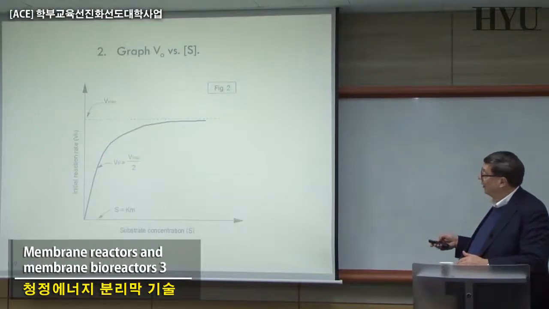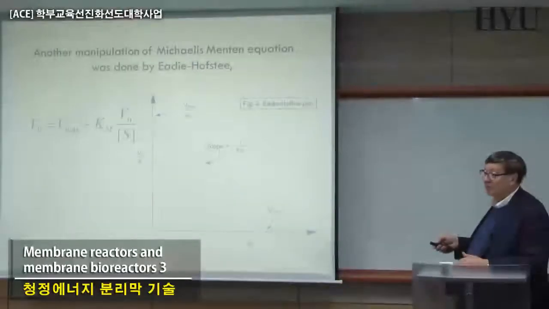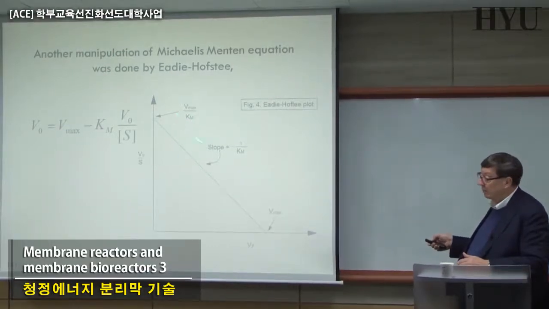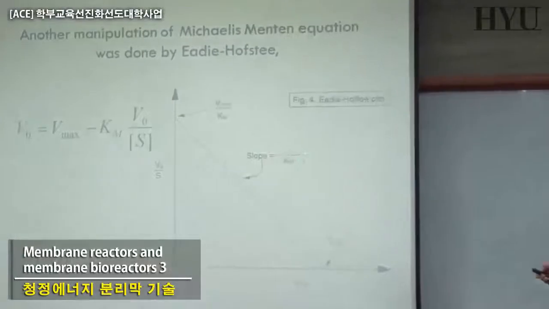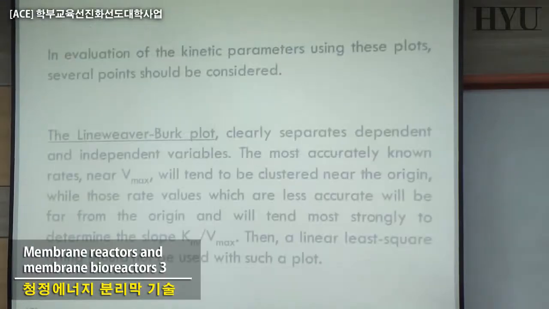But that's why you can have this other form, this Eadie-Hofstee, and that is a better way of doing, because you easily extrapolate here Vmax over Km, and that is just Vmax here. Okay? And if you know the Vmax here, obviously you know also Km. Or the slope, the slope is 1 over Km. So you can extrapolate Km easily when you just plot in this way. Okay? So that is the benefit.